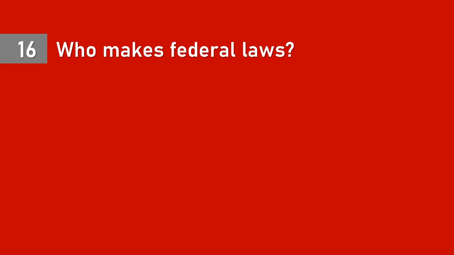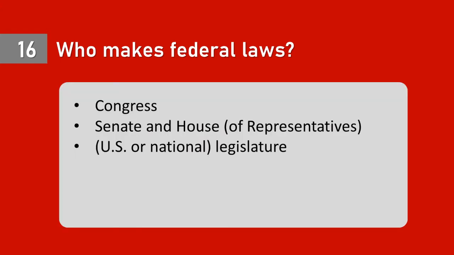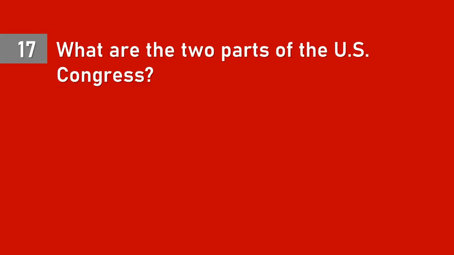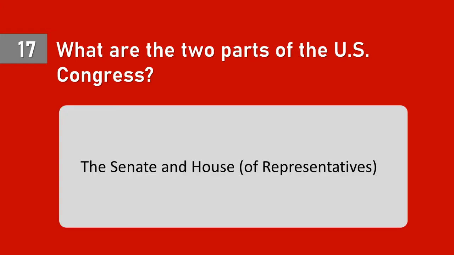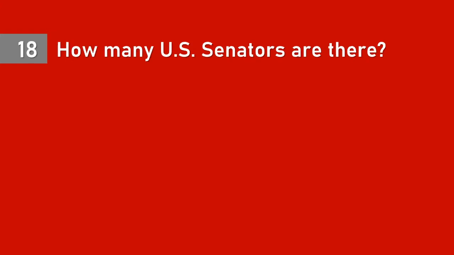Who makes federal laws? Congress, Senate and House of Representatives, U.S. or national legislature. Question 17. What are the 2 parts of the U.S. Congress? The Senate and House of Representatives.